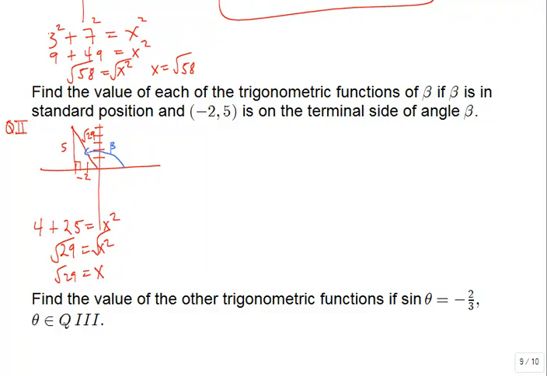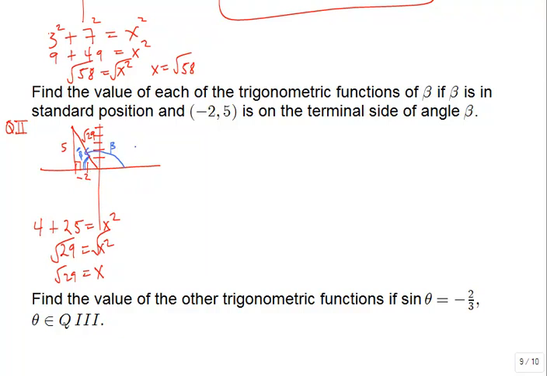So here's my terminal side, this little diagonal right here, and my closest part of the x-axis would be the negative x-axis. So the angle between those two would be right here, and that's actually our reference angle, or beta bar, with that little line over it. So that's going to be my reference angle.